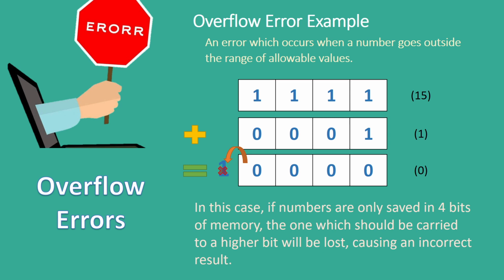And so when you think about this, every time you're using a piece of memory, it's going to run out of memory at some point. And so an overflow error is when you have that number going off the edge. Whatever you're using, 32 bits and you need a 33rd. 64 bits and you need a 65th. There's always a time when you run out of bits. So that's what an overflow is.